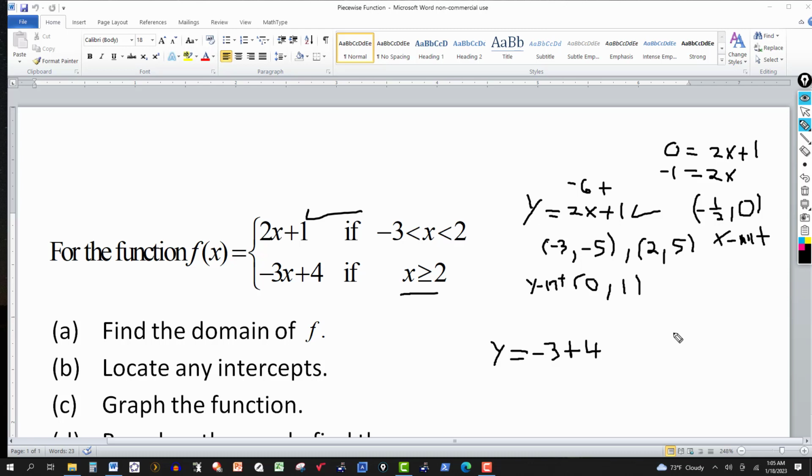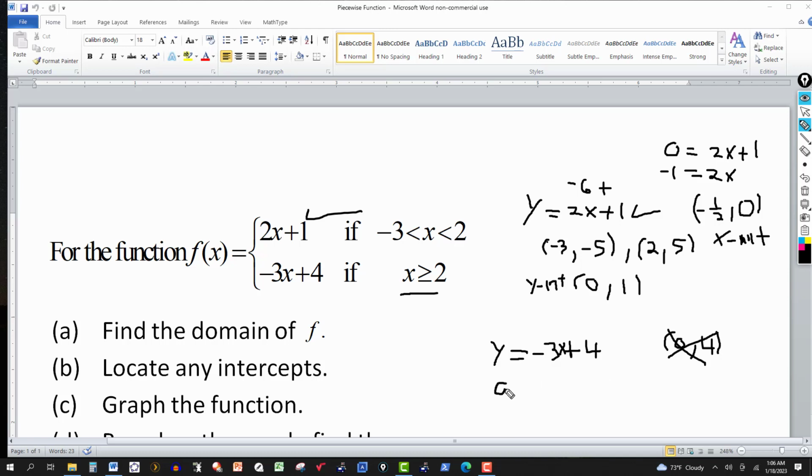So if I let x equal 0, y would be 4. That's a y-intercept, but that intercept is not in the interval, so we don't need this one, because we only want the intercepts of the piecewise function that are in the given interval.